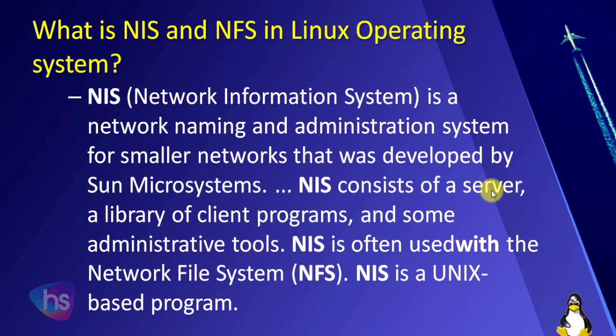NIS is often used with the Network File System, NFS. NIS is a Unix-based system, whereas NFS, the Network File System, is used to share network folders, files and data from client to server or server to server, whatever the requirements.